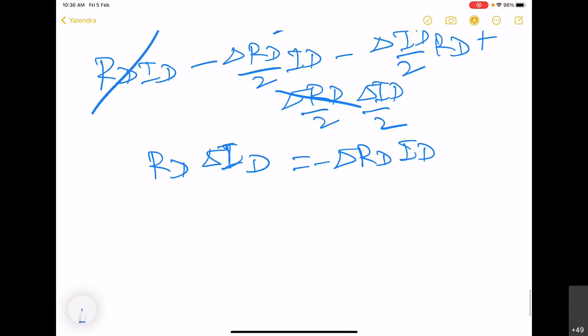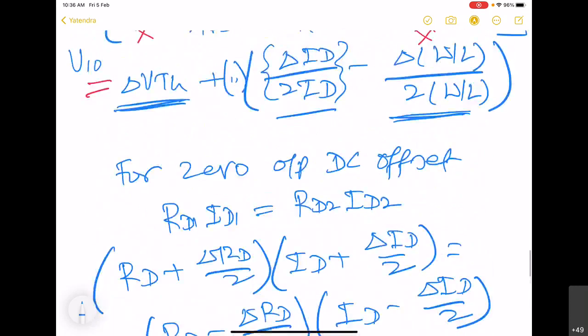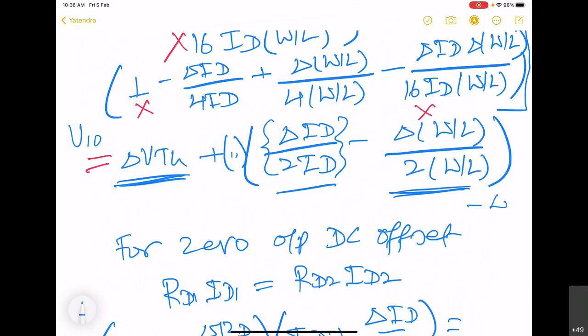So this is delta ID by ID is equal to minus delta RD by RD. So now we can use this one, the fifth one, into here, this fourth one.